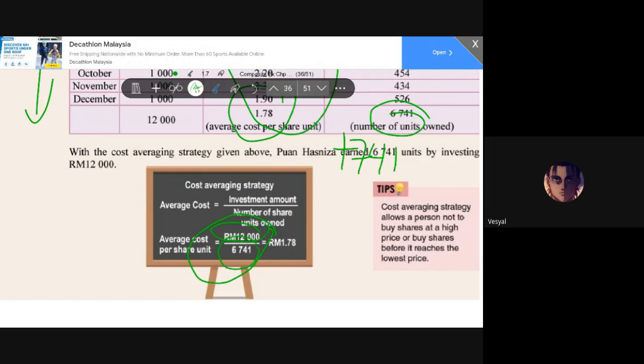Because you want to find the average, we need to add up everything. Then only can we find the correct answer. So you see the tips here: the cost averaging strategy allows a person to not buy shares at a high price or buy shares before it reaches the lower price. So just at the perfect value you buy it, it can give you an extra amount of shares compared to lump sum. So yeah, that's how they explain it here.